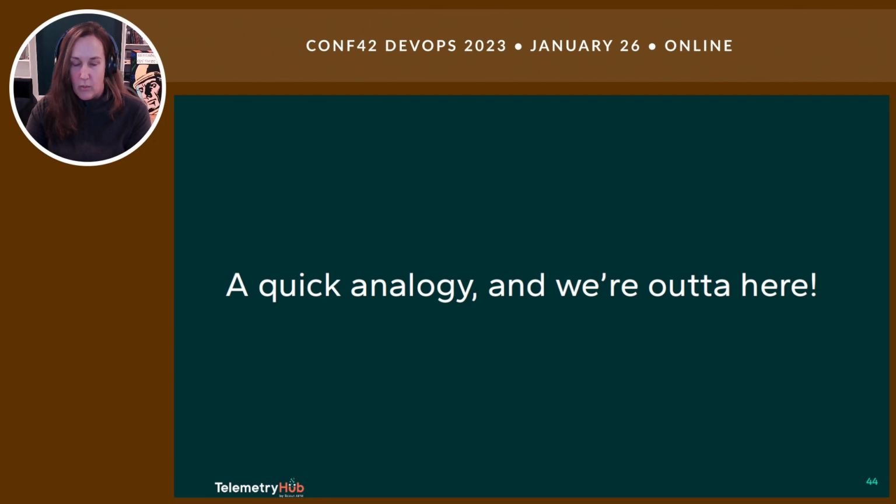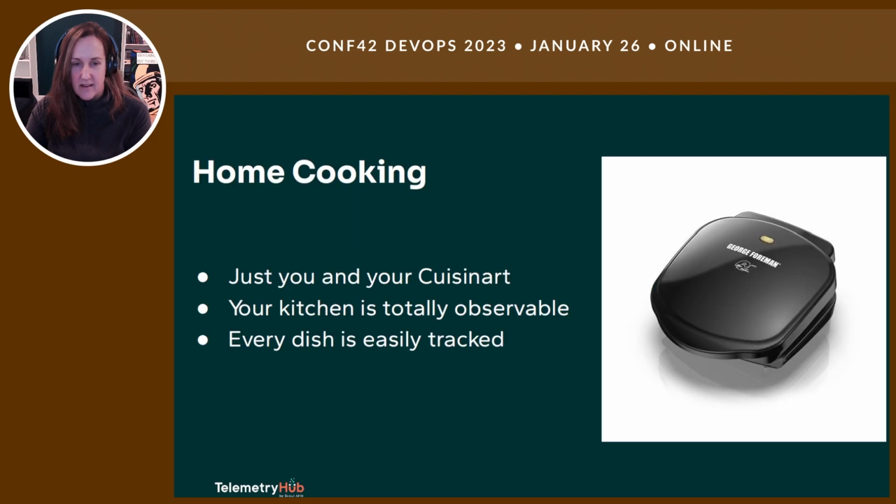All right, so one quick analogy to bring this into the physical world conceptually. I stole this from our engineering lead, Lance, here at Telemetry Hub, and I really liked this illustration of observability. If you think of home cooking, it's you by yourself in your kitchen.